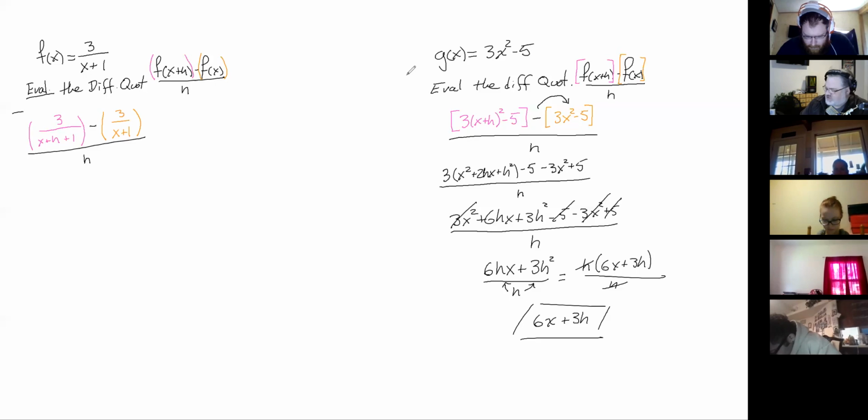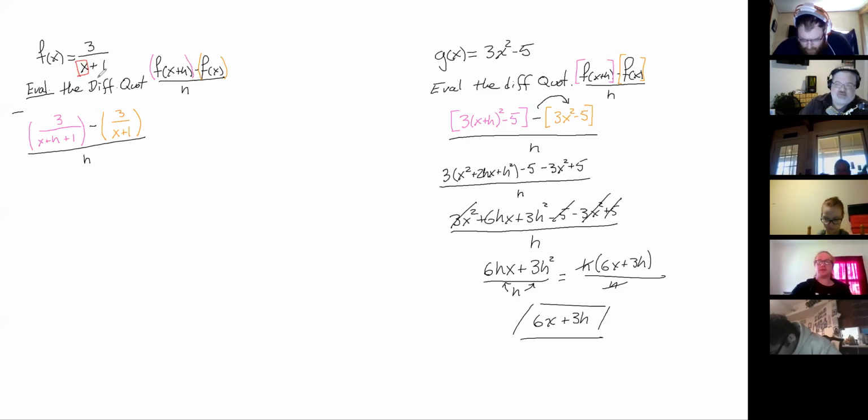So anybody have any questions about that as the first step? Again, that process of putting this plus h in here, making sure that that x is becoming our x plus h, that step sometimes becomes the troublesome step for a lot of folks.